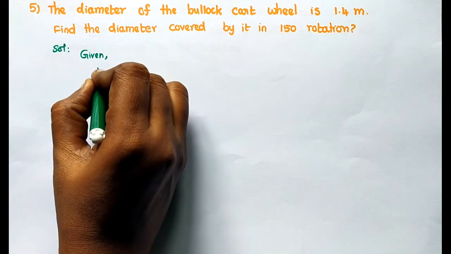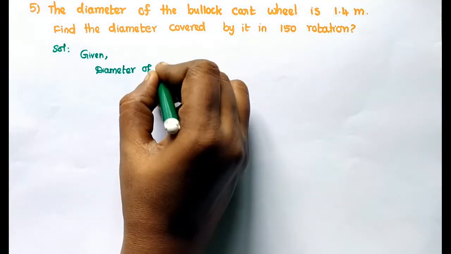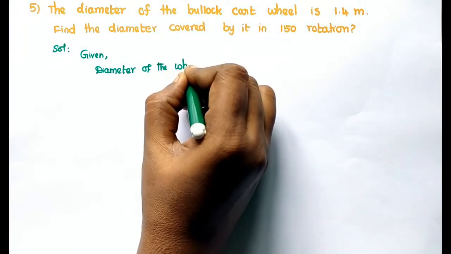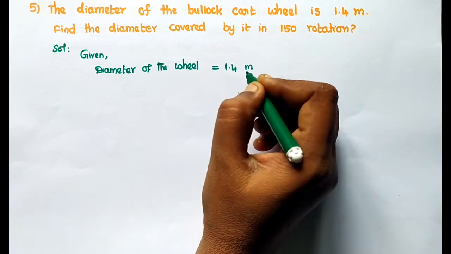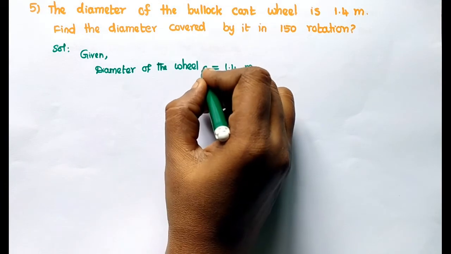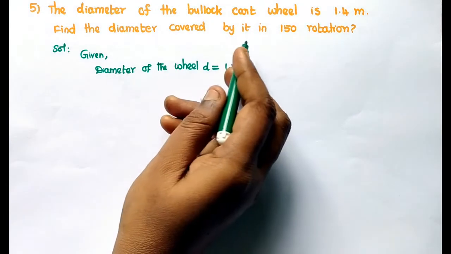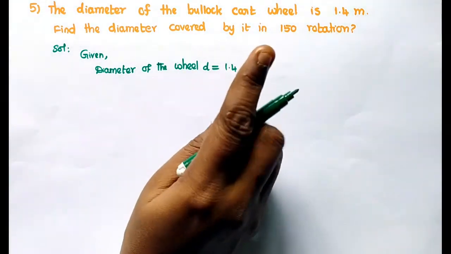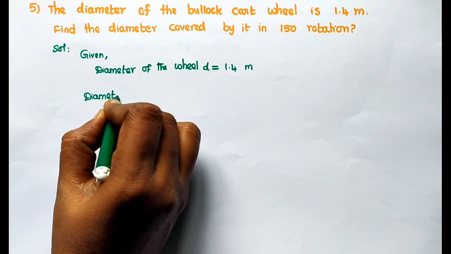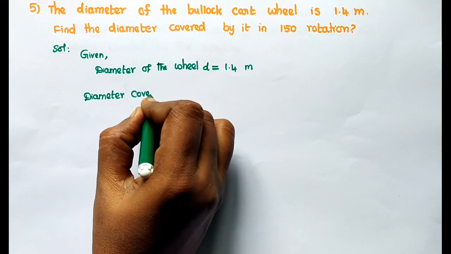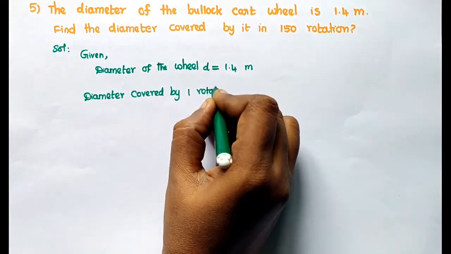Given diameter of the wheel equal to 1.4 meter, that is D. Now we want to find the distance covered by one rotation first.